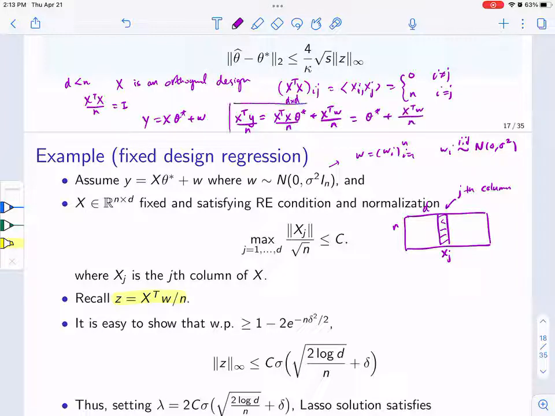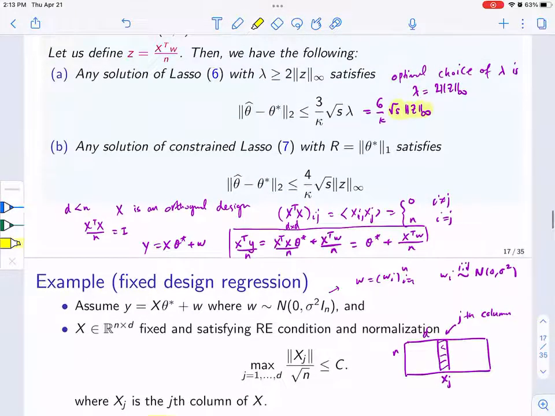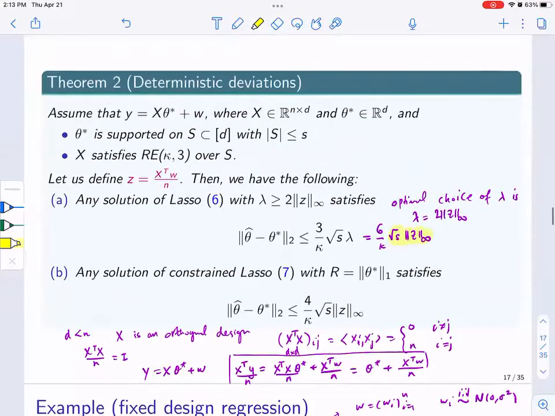So you see, this is going to be unbiased for theta star, and then the error is this. And if you do the usual OLS estimate, that's exactly this, because X transpose X over n is the identity. You can write the OLS estimate as theta hat OLS equals X transpose X inverse X transpose y.